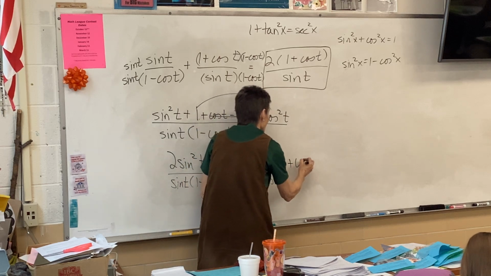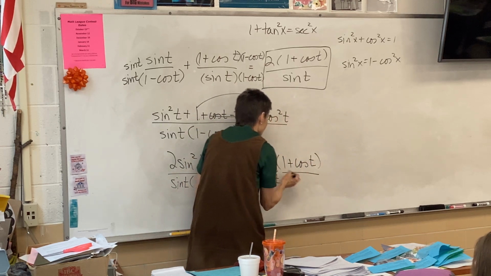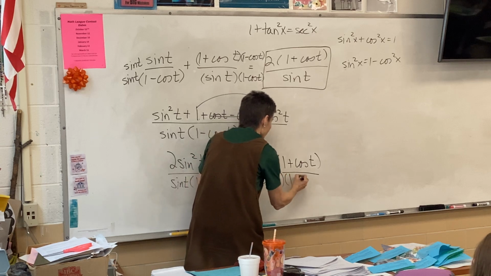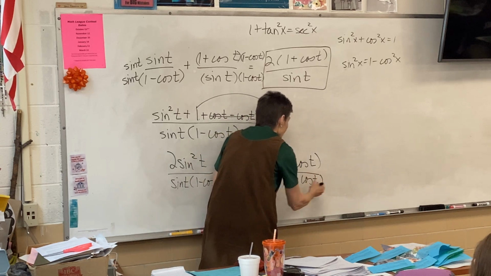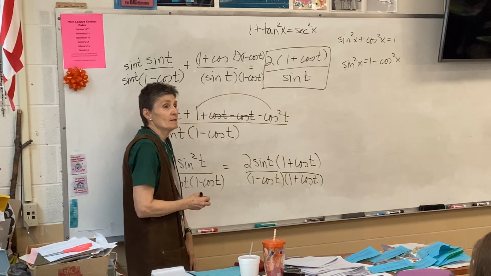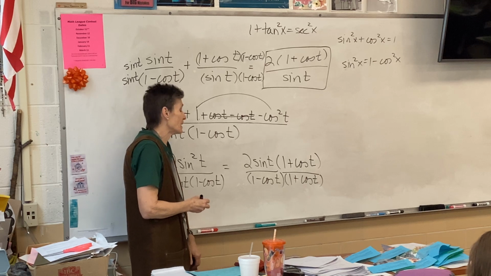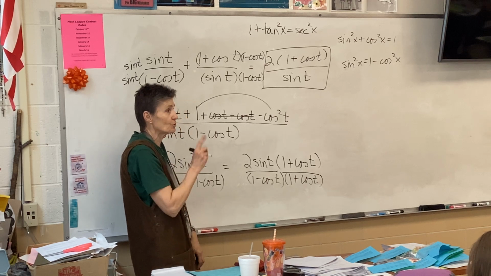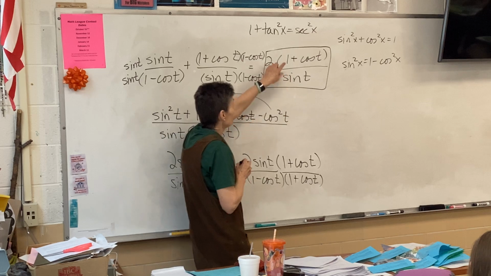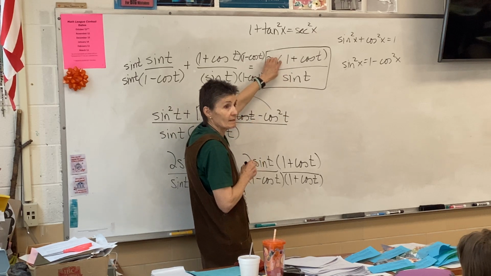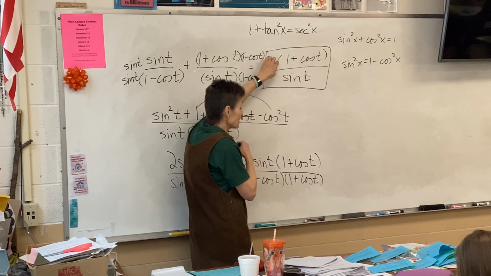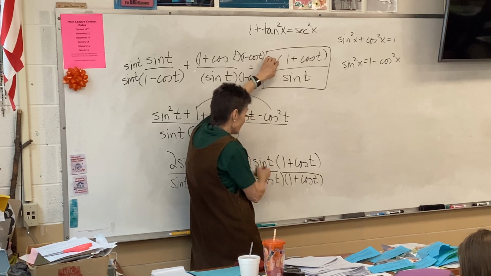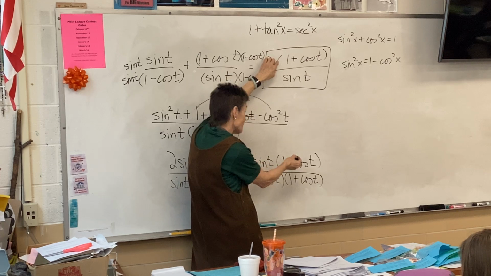Let's multiply the top and the bottom by 1 plus cosine. You're allowed to multiply by whatever you want, as long as you do it to the top and the bottom. This is where I want to be. When I was here, I didn't have a cosine, so I'm sticking it in.